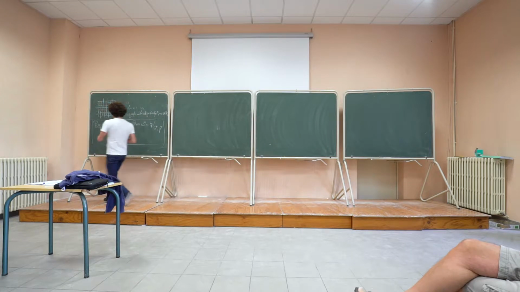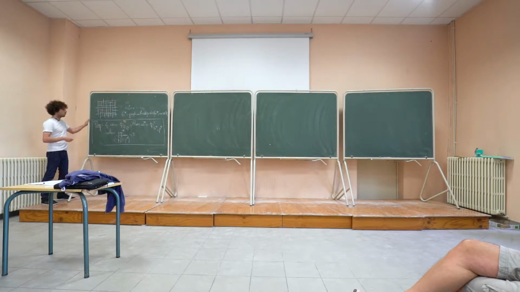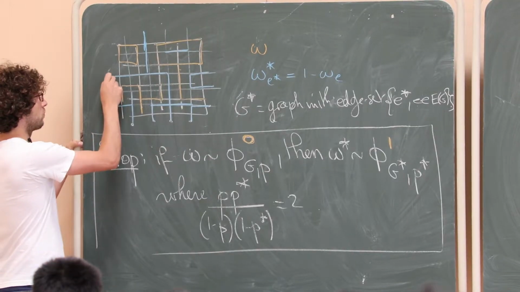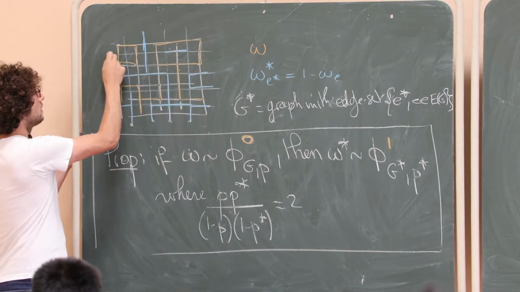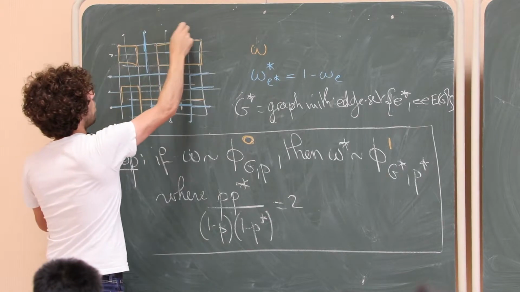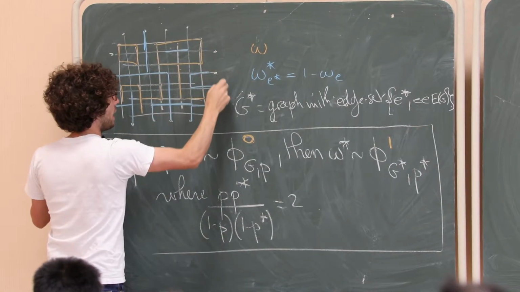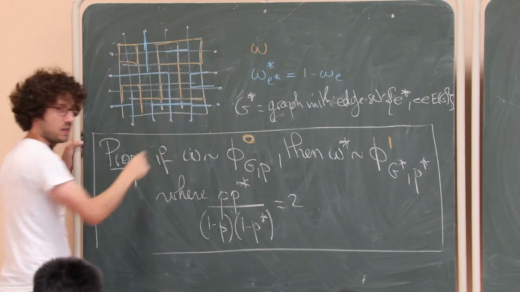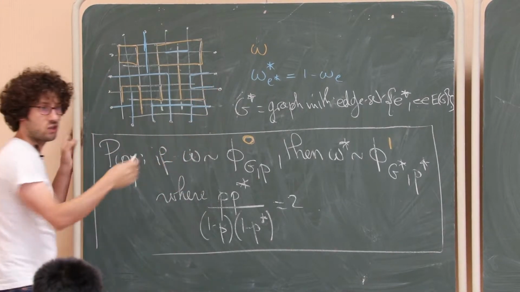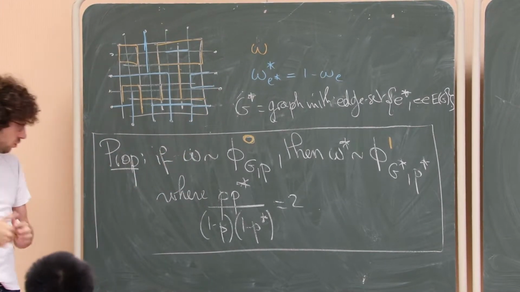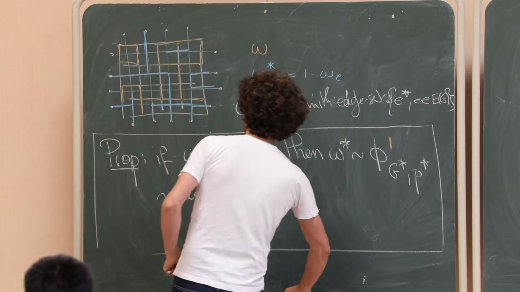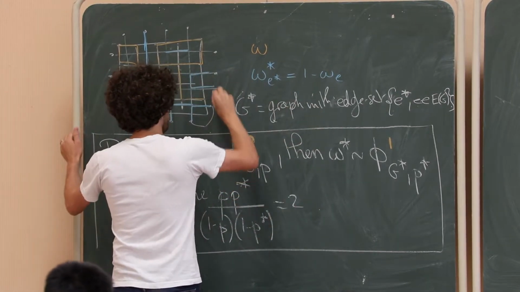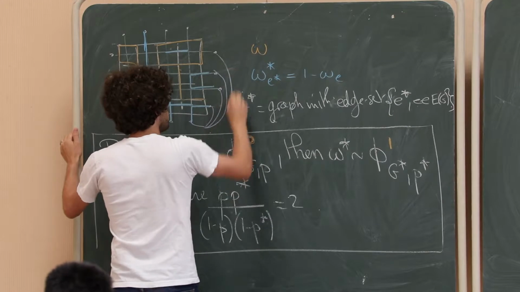So the only difference, if you want to recover the standard notion of dual graph, is that you need to understand all those endpoints as being just one vertex. So you just merge them.